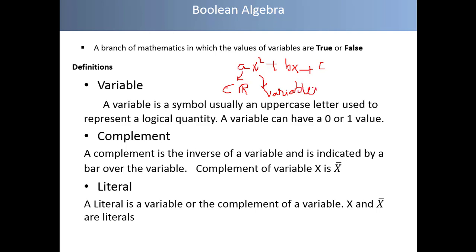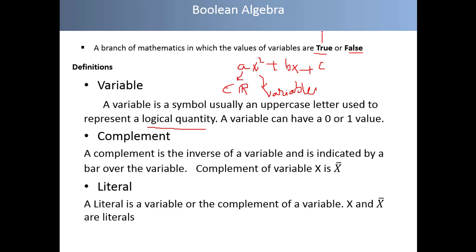Variables normally describe a certain physical quantity or a certain measurable quantity which can change. So to generalize their value, we use the concept of variable. In case of Boolean algebra, we have a similar situation. However, in Boolean algebra, a variable is a symbol which usually represents a logical quantity, and a variable can have only two possible values, true or false.